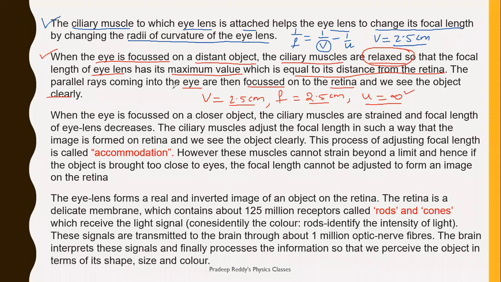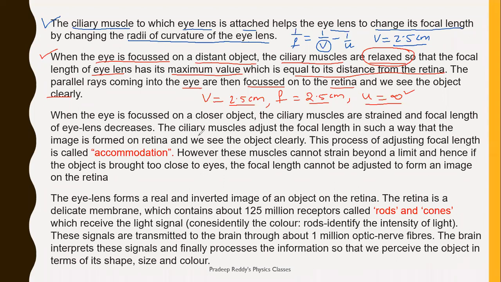Therefore, in most cases, like when you are watching TV, your parents ask you to sit far from the TV screen. When you are sitting closer to the TV screen, as the object distance becomes less, the focal length should undergo change such that your eye gets more strained. Therefore, you should sit farther, in such a way that your eye is least strained.